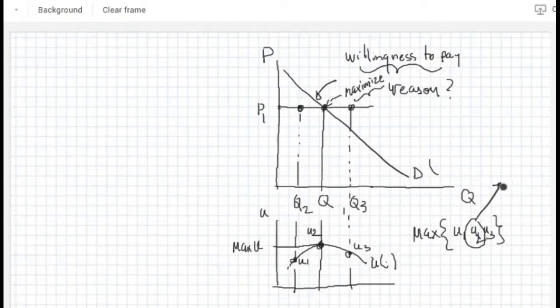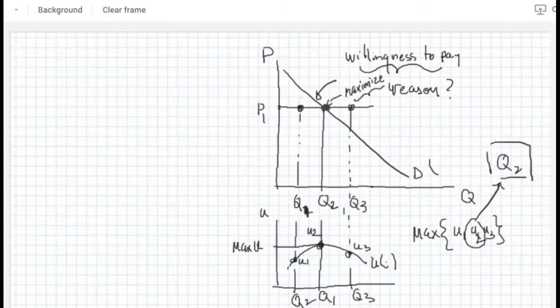And in order to achieve U2, I need Q2. Let's say this is Q1, this is Q2, this is Q3. So I need Q2. So I said, okay, I want up to Q2 amount, which is right here.